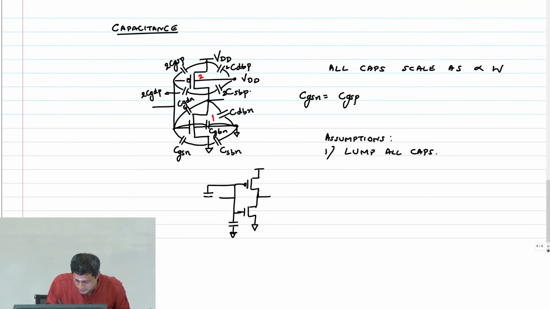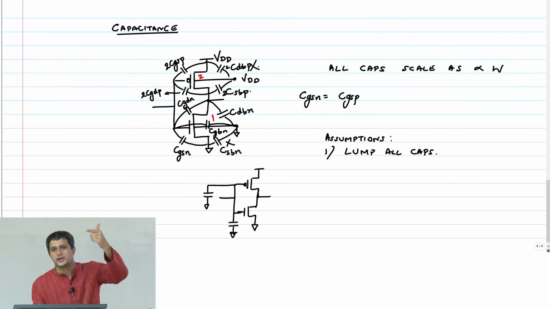Similarly, for the PMOS transistor, I'm going to get one capacitance. I'll put the values there now. The CSB is useless because it's connected between ground and ground, so I can neglect that capacitance. Similarly, I can neglect this capacitance. Now the CSBP is going to VDD, but that's like an AC ground.